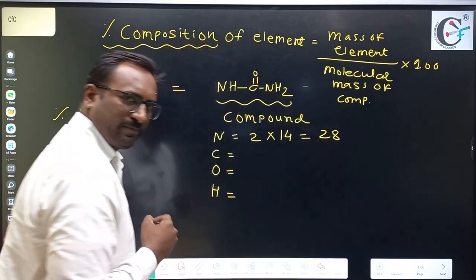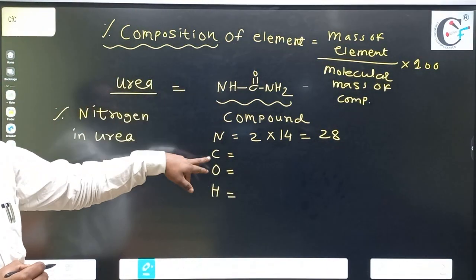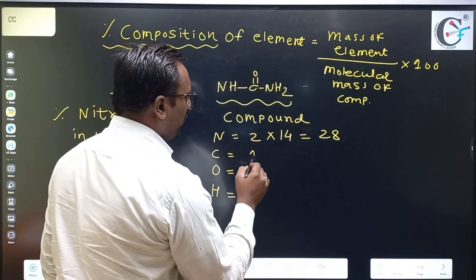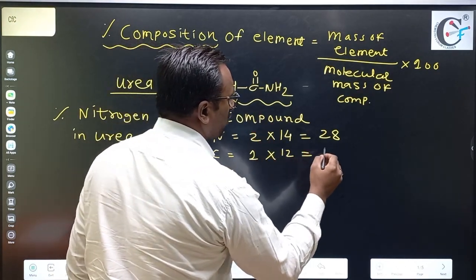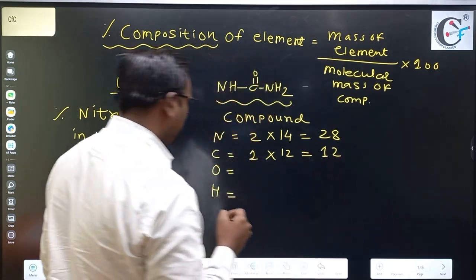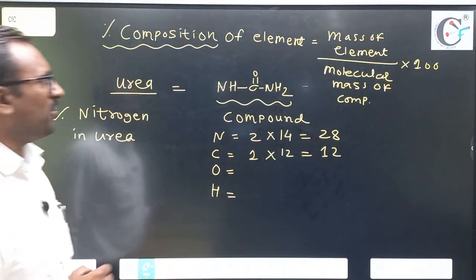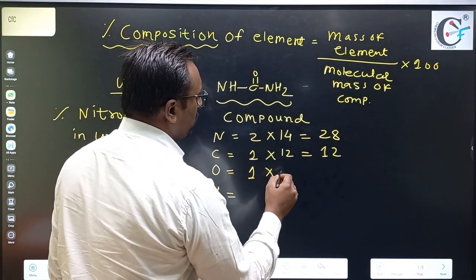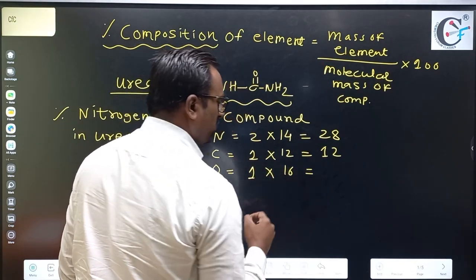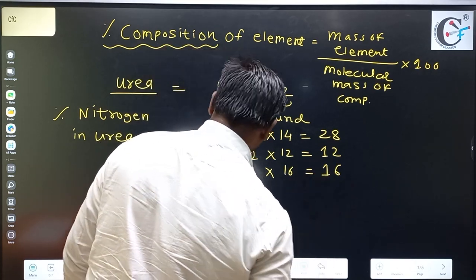How many carbons are there? Only 1 carbon, into molar mass of carbon, it is 12, so we have 12 gram of carbon. Oxygen is 1 into 16, so it is 16 gram of oxygen.